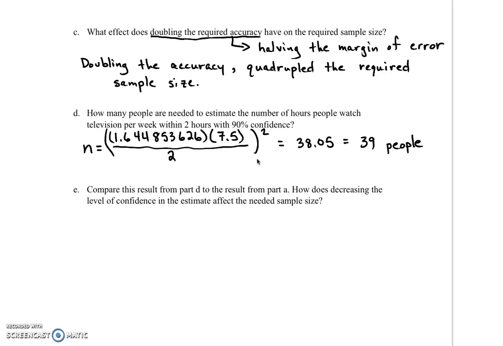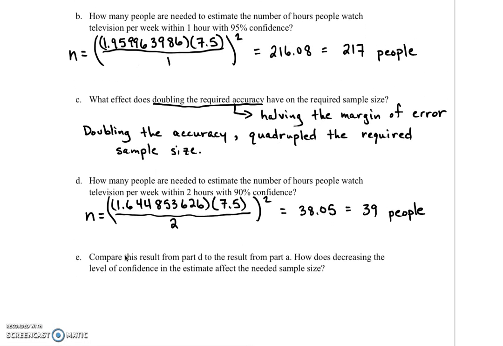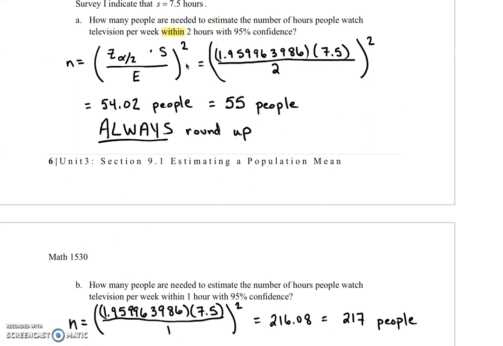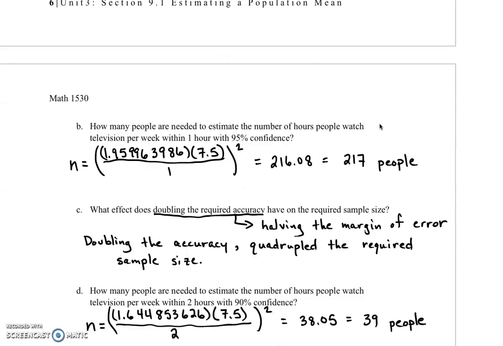So if we compare the results of Part D to the results from Part A, remember Part A had 95% level of confidence and Part D has 90% level of confidence. What does decreasing the level of confidence do to the sample size? So in Part A, with 95% confidence, we had 55 people.